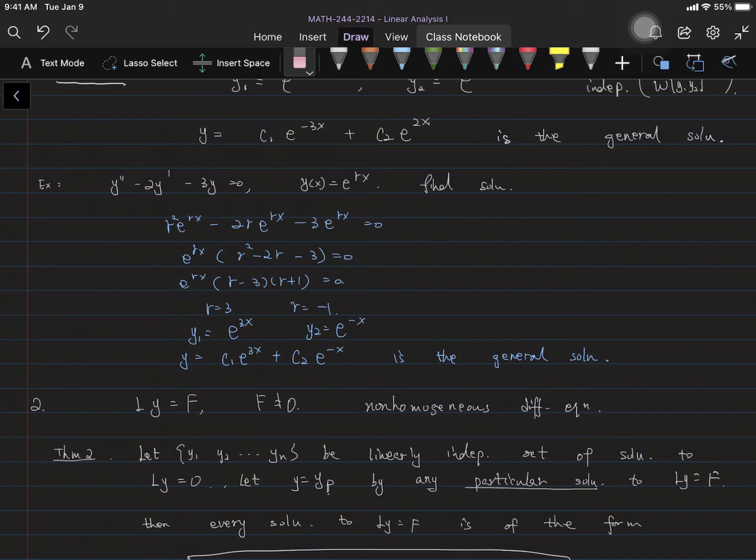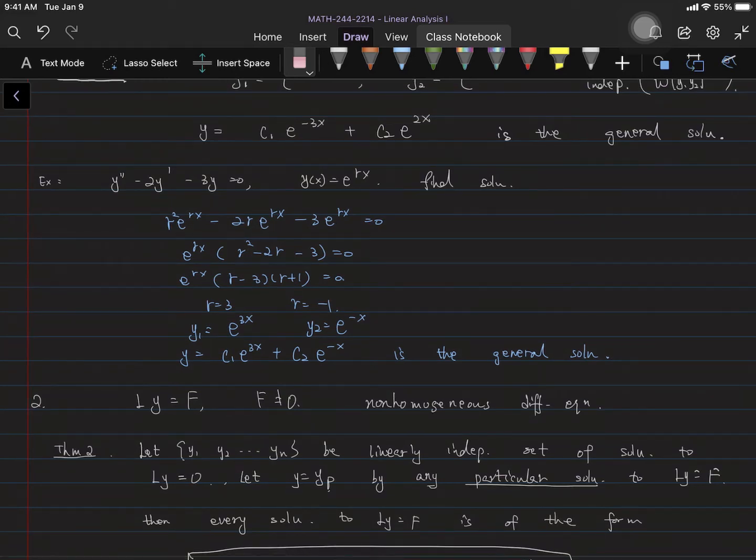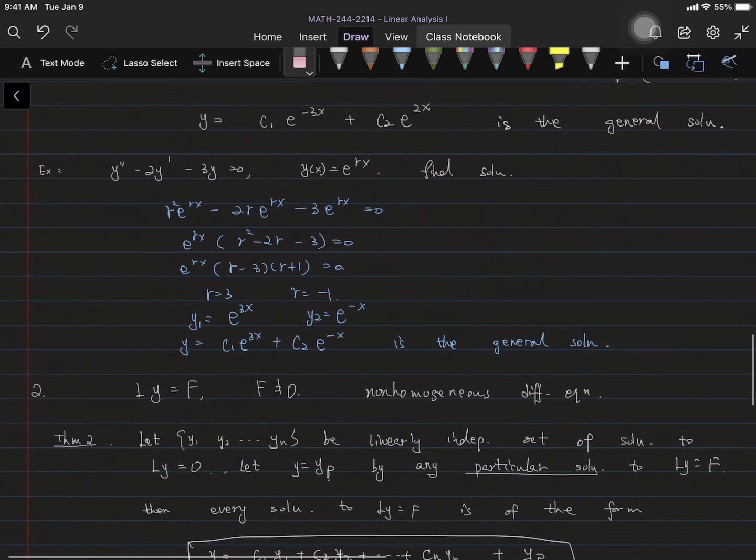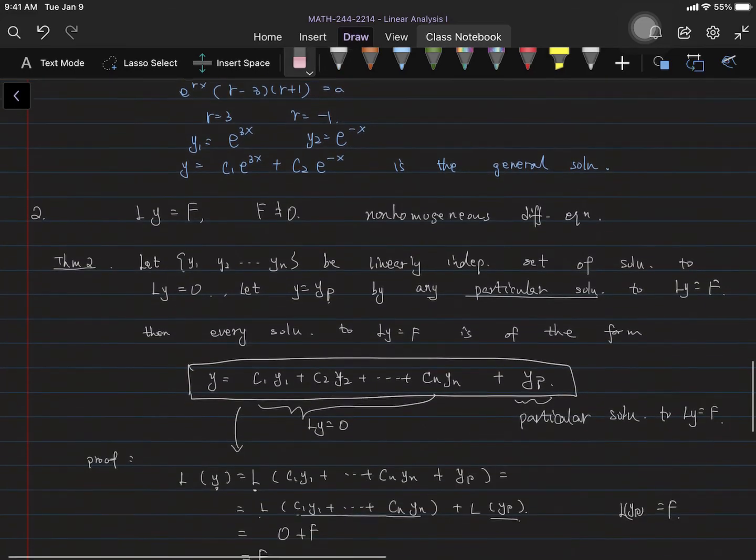So now we know how to solve homogeneous differential equations. Next, we are going to solve non-homogeneous differential equations. Let's take a look. Non-homogeneous means the right side, capital F, is not 0. This is called non-homogeneous. We have a theorem too.